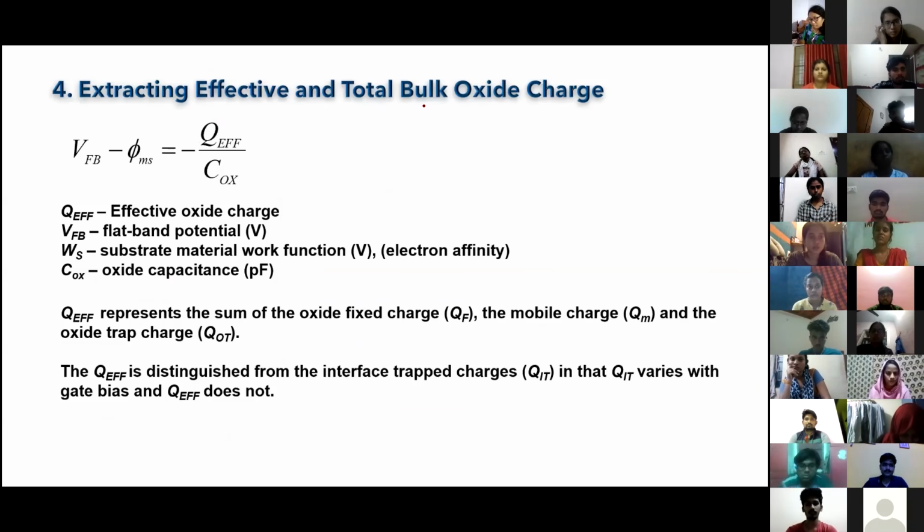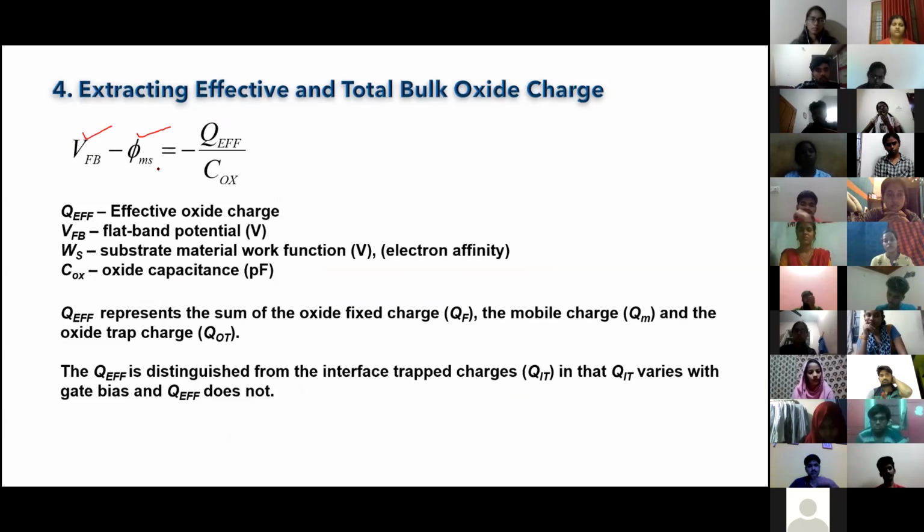The effective and total bulk oxide charges can also be calculated once you know the flat band voltage and the work function of the metal-semiconductor. Then you can calculate the capacitance of the oxide, and then the Q effective, which includes all the charges present in the oxide layer.